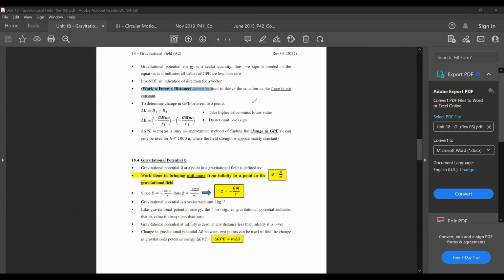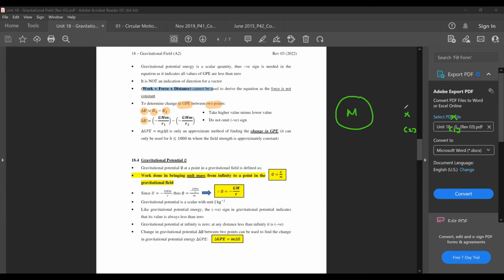Now if I'm interested to find the GPE change between two points, I will just take the difference in GPE between those two points. For example, let me draw something here for you. If this is my big mass M, and these are two different points, this is point 1 and this is point 2.